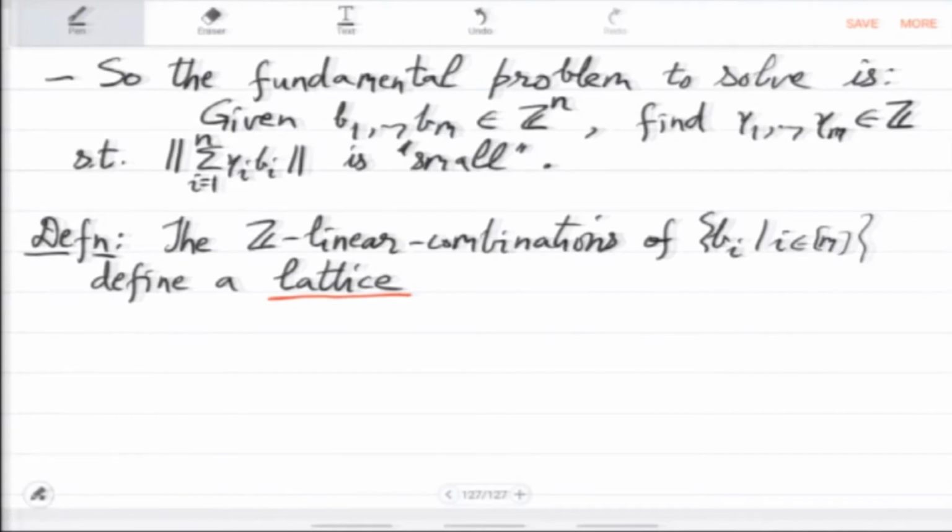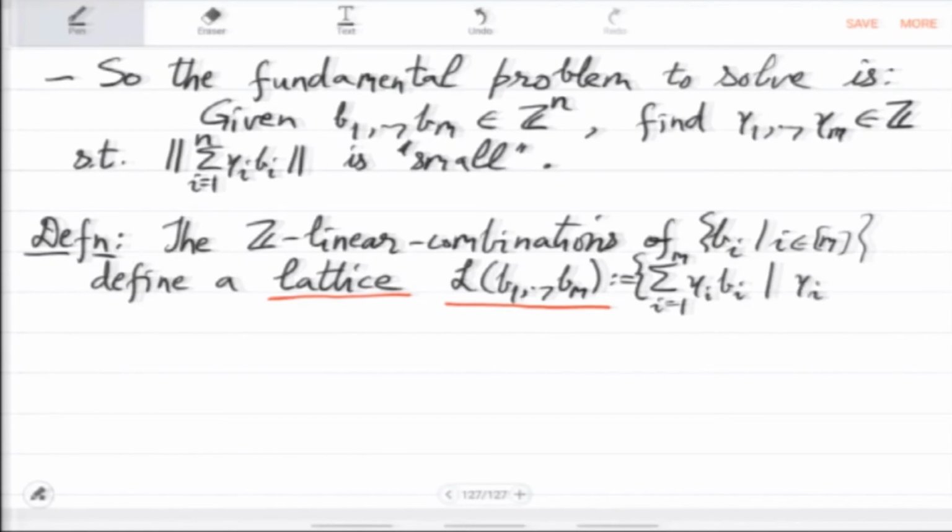And we will use the following notation. This L(b1 to bm) is the lattice spanned by these vectors, such that the gamma i's are integral.